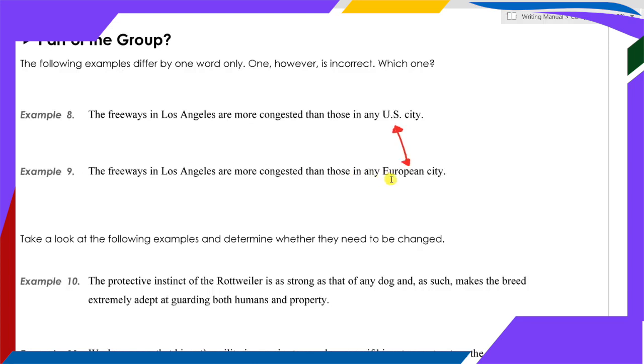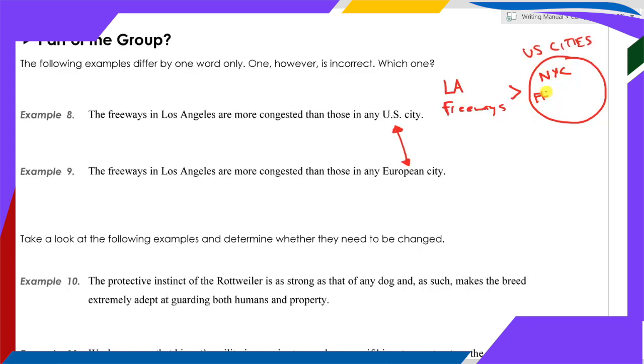So in example 8, here's what we've got. We've got LA. I'm gonna actually diagram this out. We've got LA freeways, and they are more congested than the entire set of US cities. Now remember that in the set of US cities, we have, let's say, NYC, we have New York.